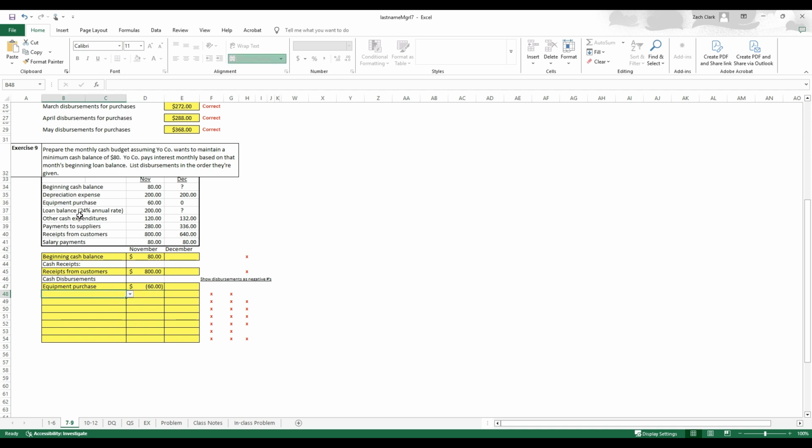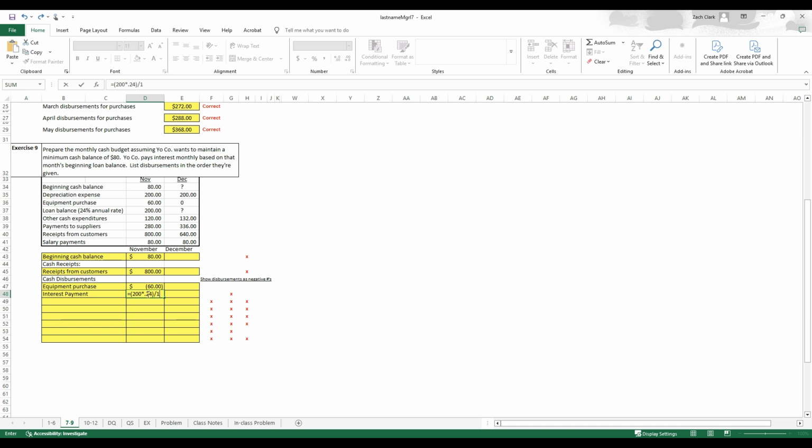We have a loan balance, 24% annual rate. And so we need some interest payment. And this one's a little tricky. So we have $200 beginning balance. And if you remember from accounting 2, how to calculate interest expense, we take our outstanding loan balance and multiply that by the interest rate of 24%.